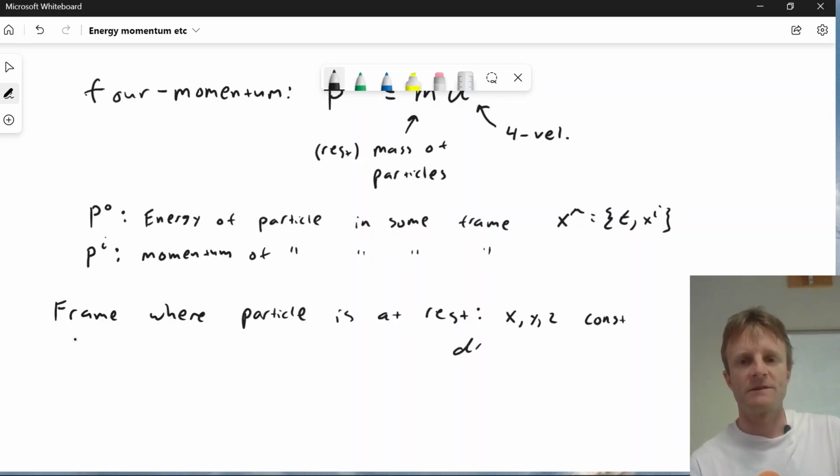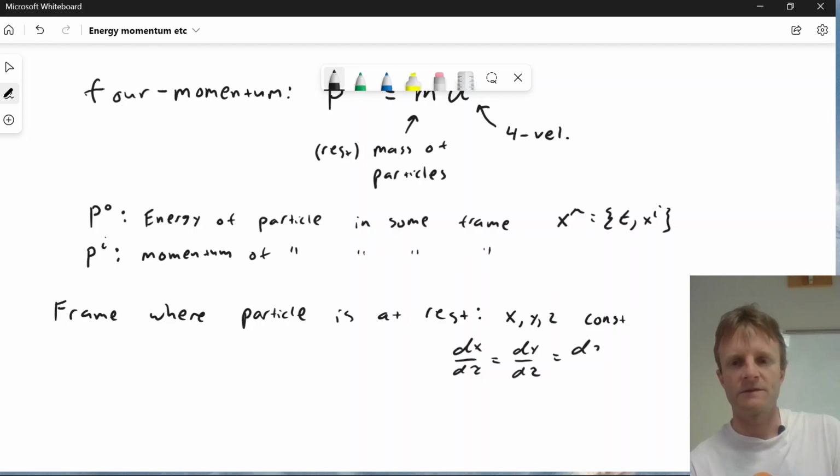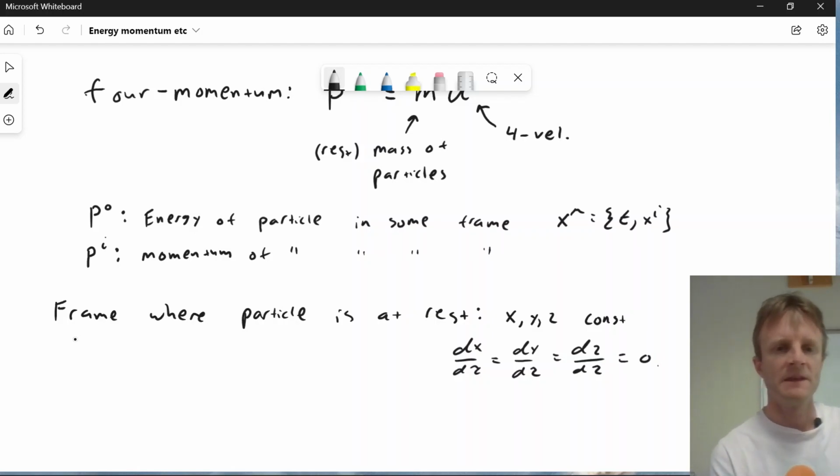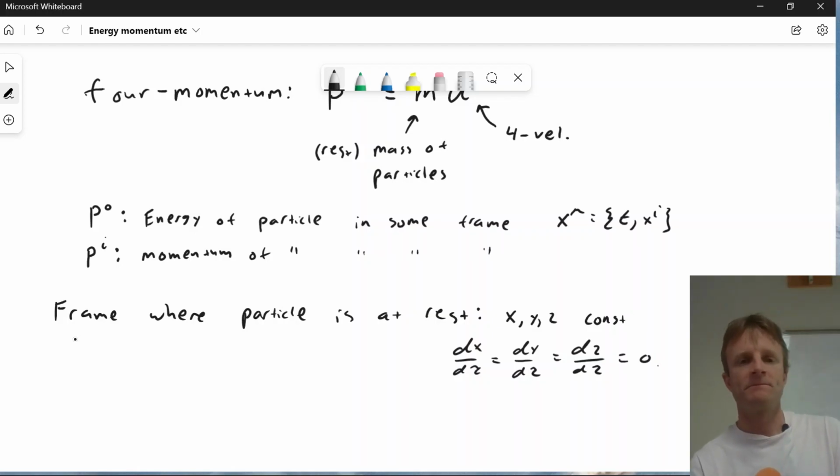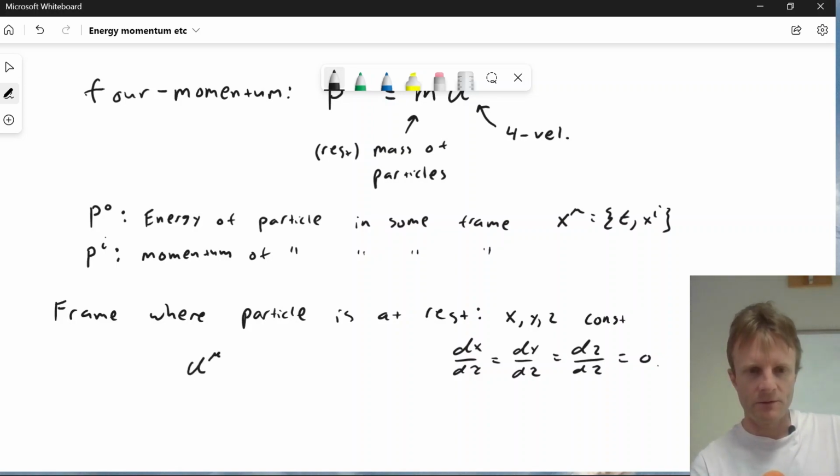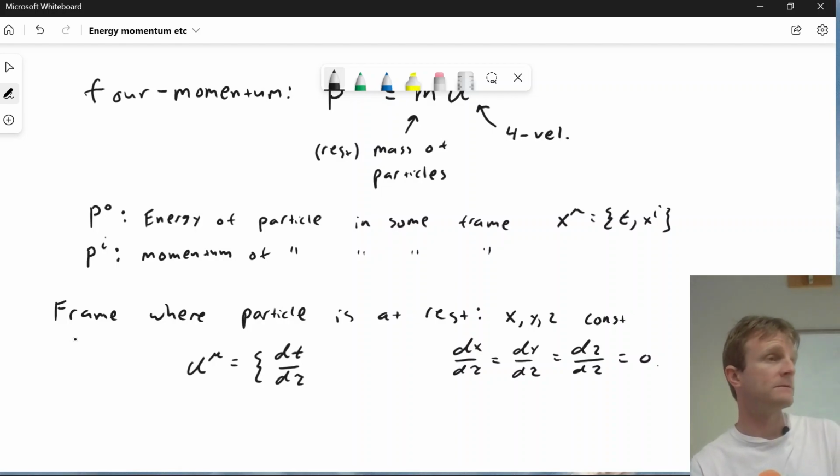So in particular, dx/d tau equals dy/d tau equals dz/d tau equals 0. So in that frame, where the particle is at rest, we would write u^mu equals, well, let's just leave this part the same. u^mu by definition is dx^mu/d tau. So the time component is just dt/d tau. And now the space components are all 0.